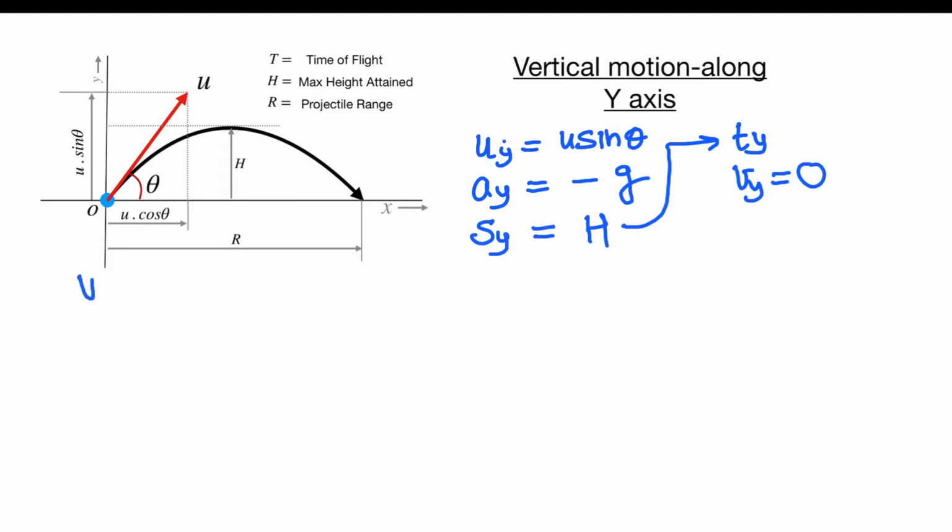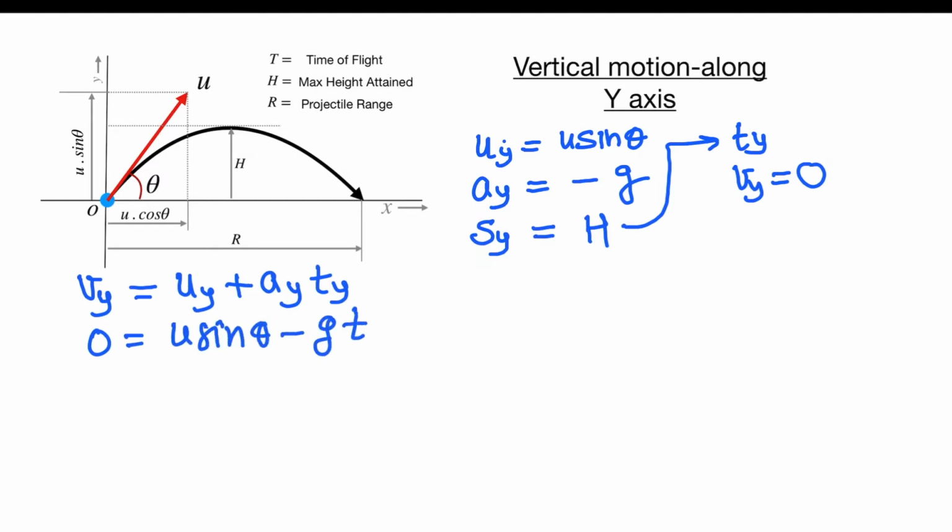Here the velocity at the highest point vy equals the initial velocity in y direction plus acceleration in y direction times the time to reach the highest point ty. On putting these values, you will get 0 = u sin theta minus g ty.